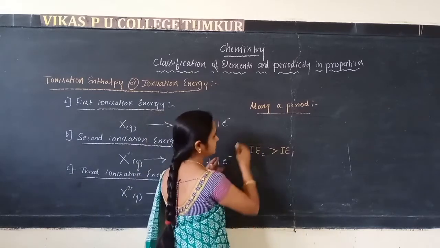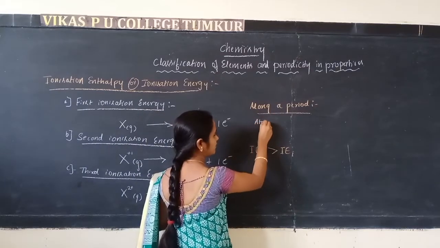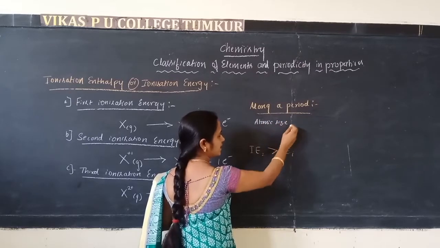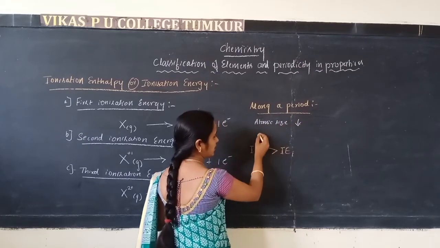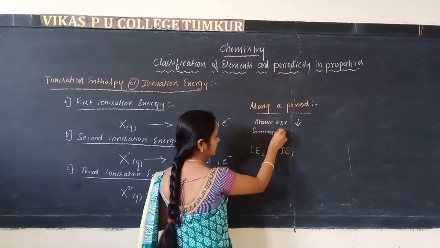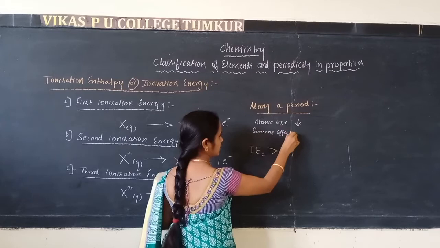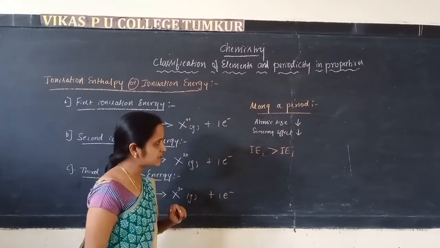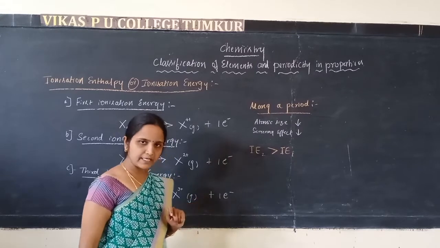Atomic size along the period decreases, as we already discussed in the previous class. At that time, the screening effect decreases. When the atomic size decreases, the screening effect also decreases.